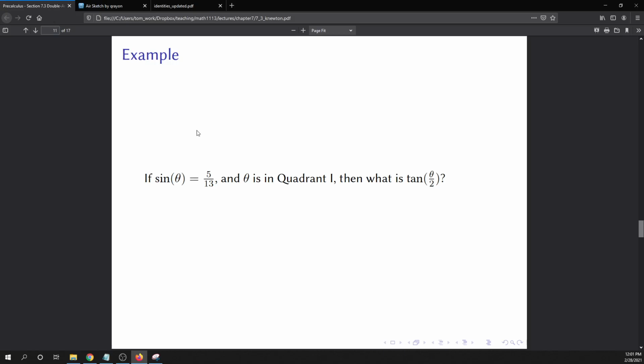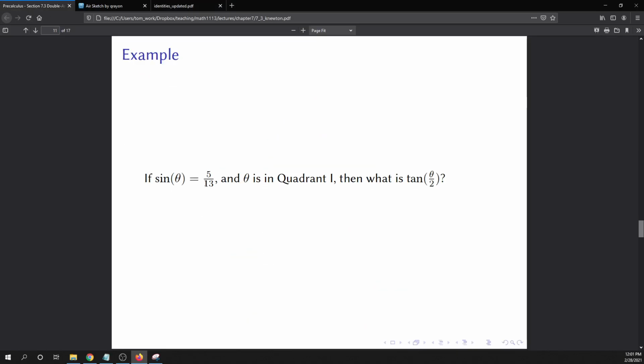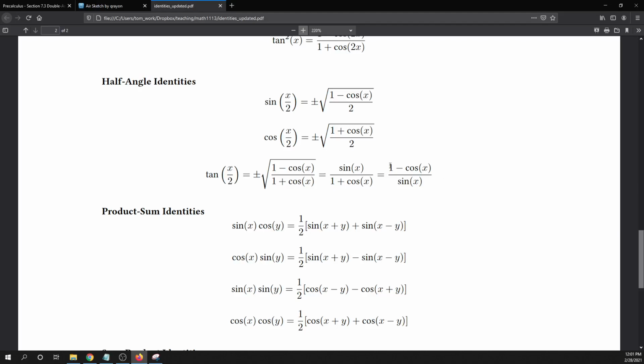The sine is 5/13. Then I'm probably going to pick this one. I know that the sine doesn't involve a radical, so there would be no rationalization that I would have to do. So I think I'm going to go with this one, 1 minus cosine x over sine x.